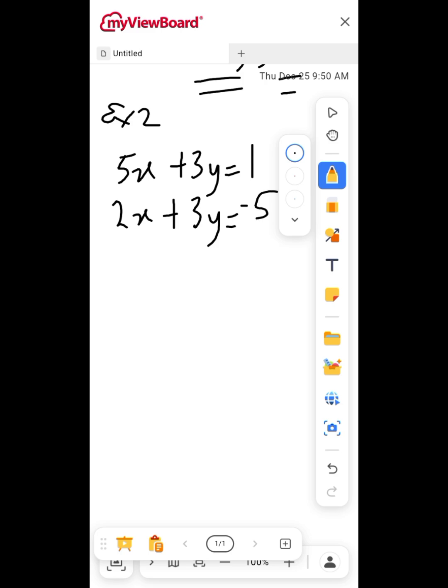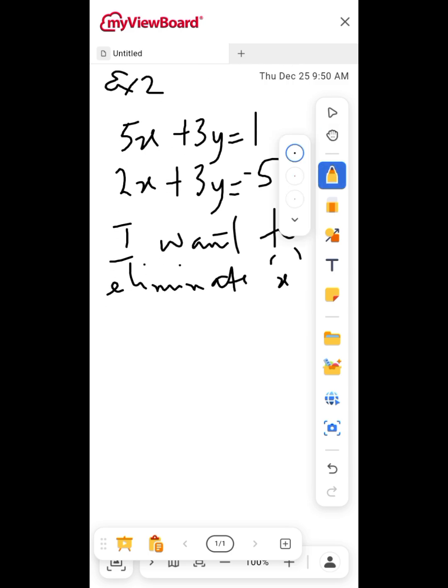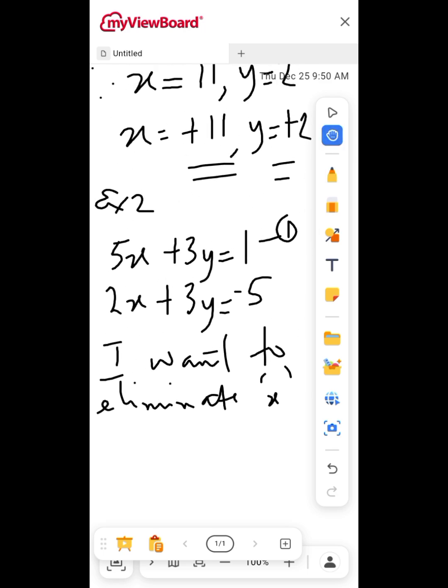In this case, let us decide the variable we want to eliminate. I want to eliminate x. So this is our equation 1, and this is our equation 2.